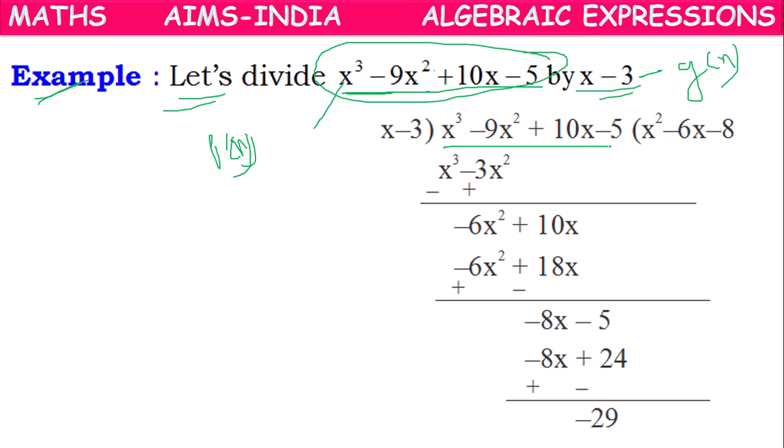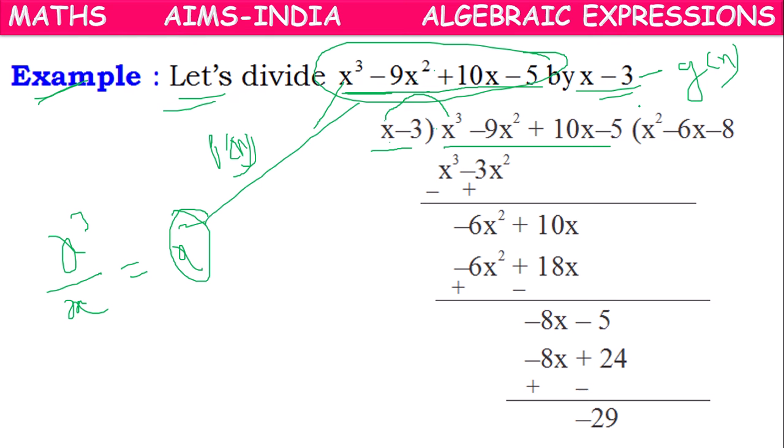So let's write p of x in the brackets, and on the left hand side of the bracket, let's take g of x. Now with the first term of the divisor, we have to divide the first term of the dividend. First term of divisor x, dividend x cube, means x cube by x. 1x cancels, x square will remain. This will become the first term in the quotient.